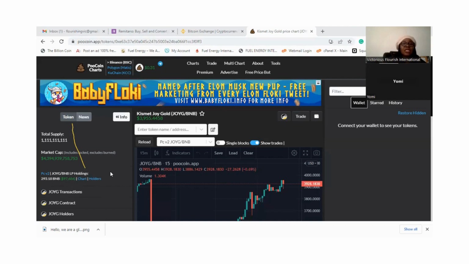Some people just want to cash out. They don't understand that if you cash out, the system can crash, like the token can crash. They should always look at how much we have in the liquidity and how much they want to cash out.